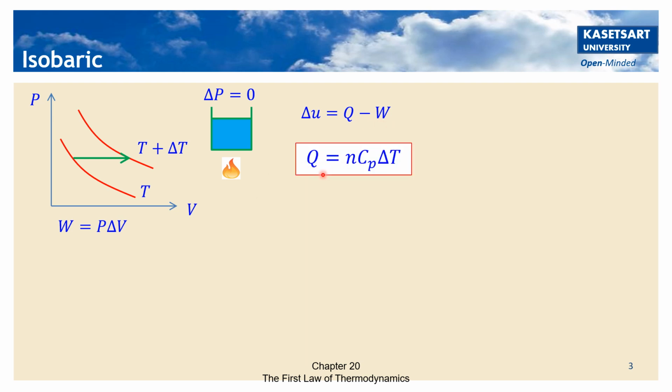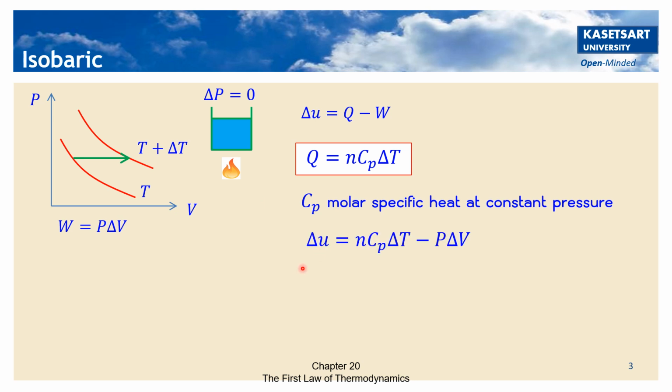Then you can define the thermal heat in this process as Q equals n Cp delta T, where Cp is the molar specific heat at constant pressure. Then you put into your equation: internal energy change equals heat exchange minus work done by the system.